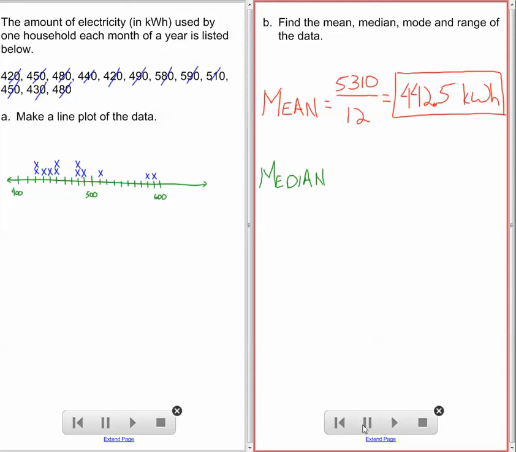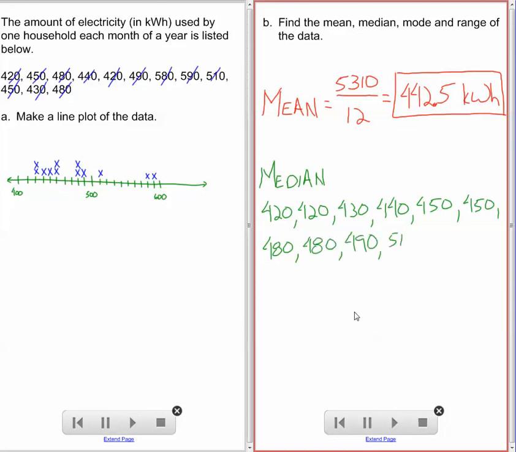The middle ones are actually the 6th and the 7th, the 450 and the 480. So what we're going to do is add those up and divide by 2 to find what's halfway between them. I know that halfway between 450 and 480 is 465, but it does work out right.